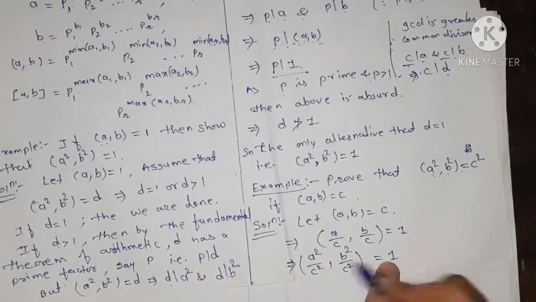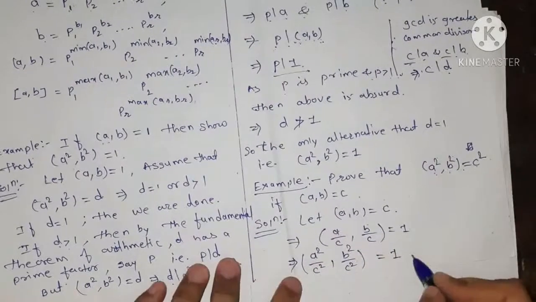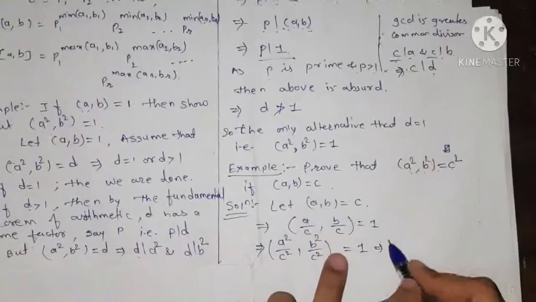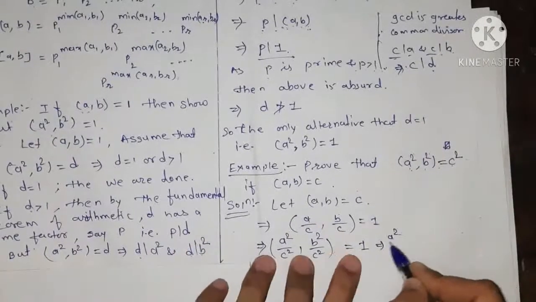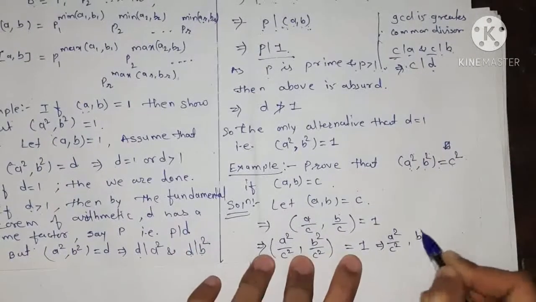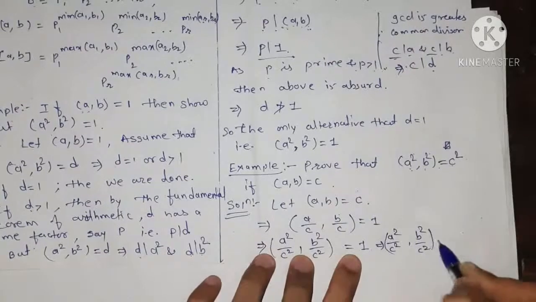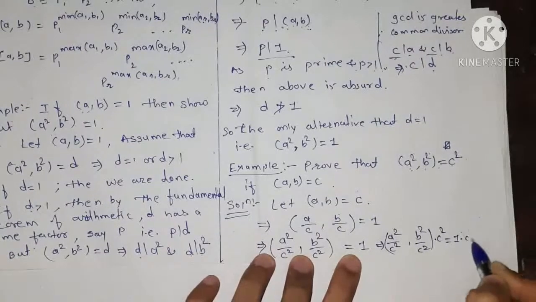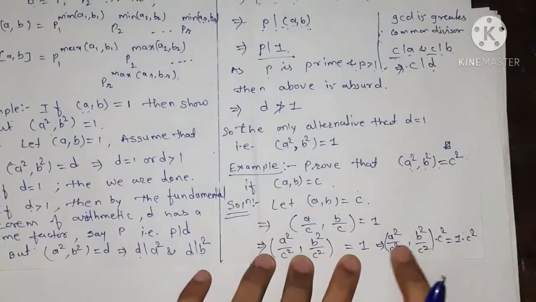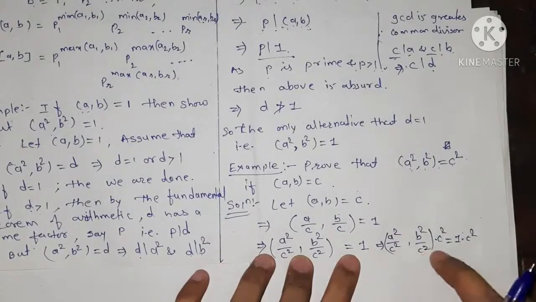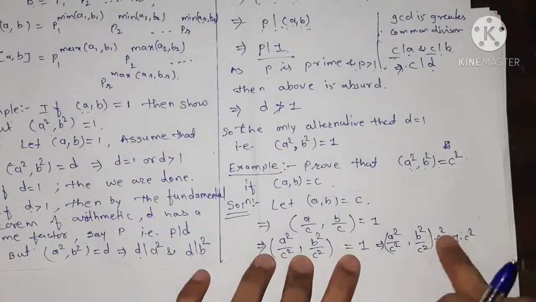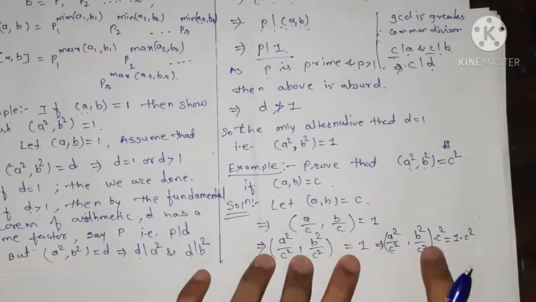Okay, so if we multiply this by C square, then this implies that the GCD of A square upon C square comma B square upon C square, into C square, is equal to 1 into C square. Now as we multiplied the GCD of A square upon C square comma B square upon C square by C square, this C square gets cancelled with the C square inside the numbers.